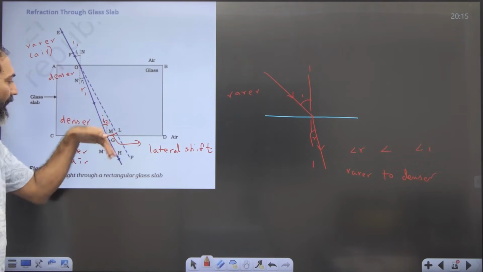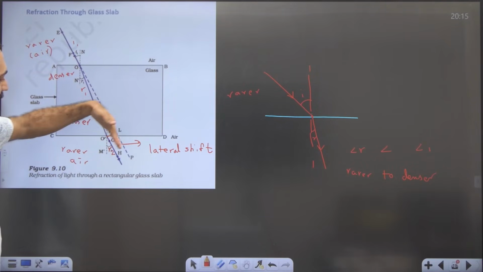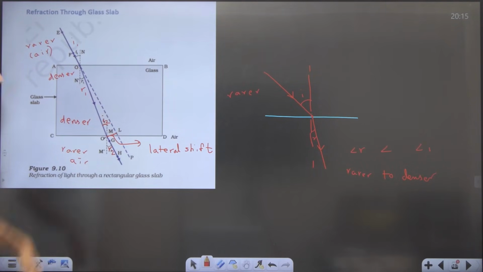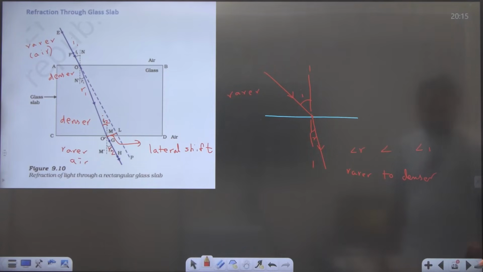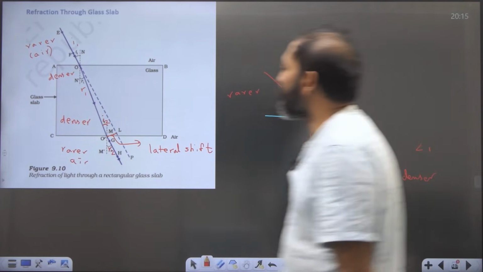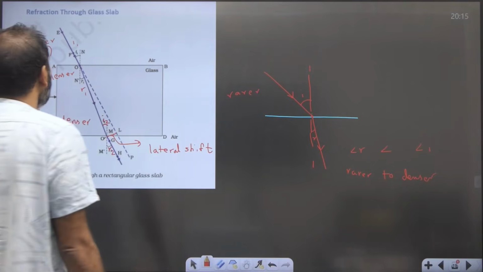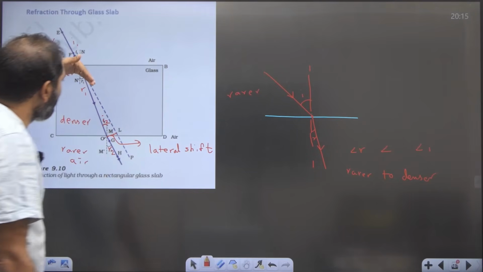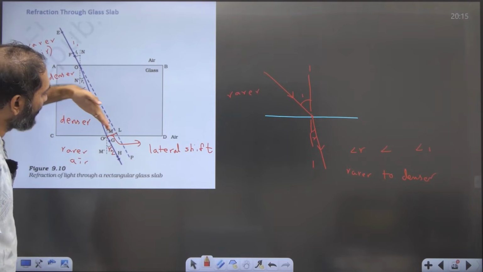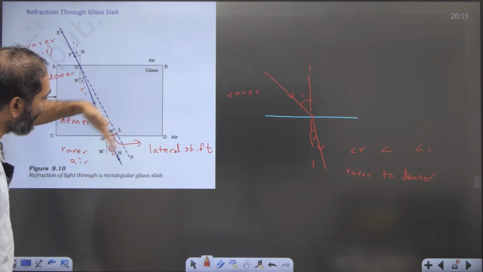But it has been laterally displaced. This lateral displacement is lateral shift. If there were no glass slab, it would have gone through this path. Now, because of refraction, or because of the glass slab, the light ray has been laterally displaced.